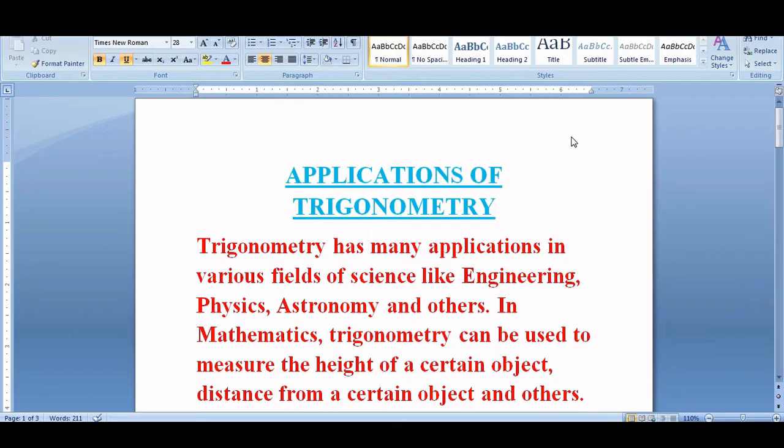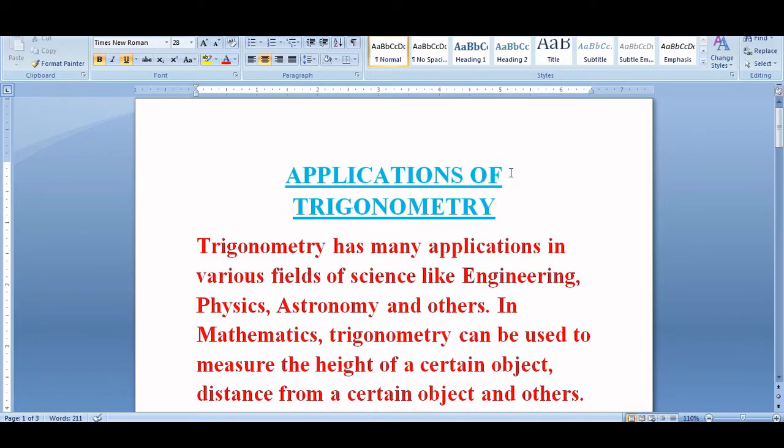In today's video, we will discuss how we can apply trigonometry to find the height of a certain object, or the distance of a certain object from the observer.